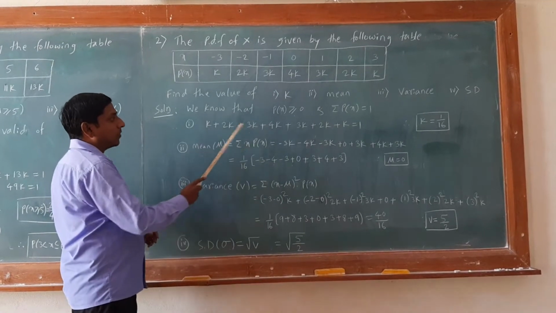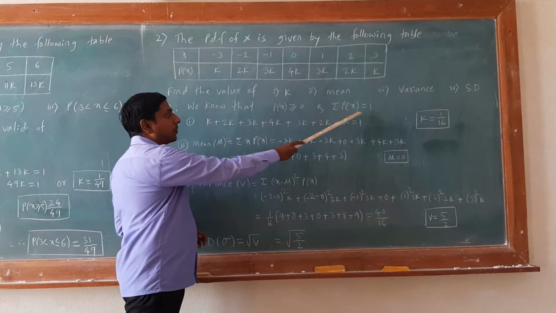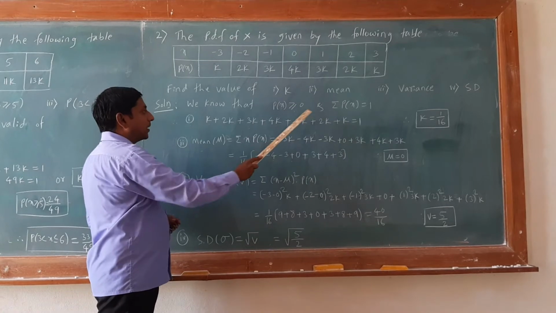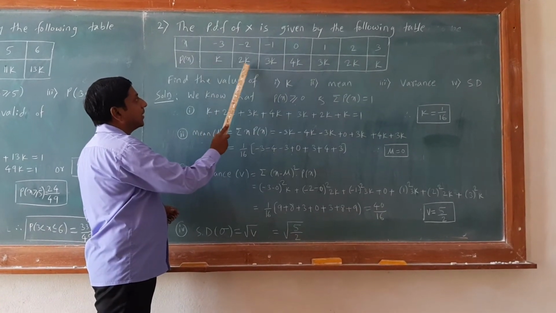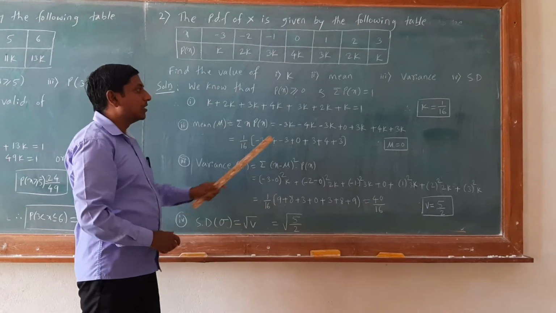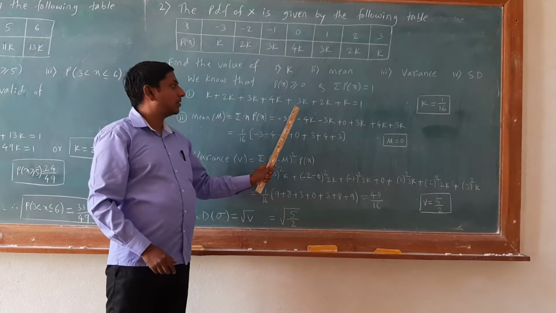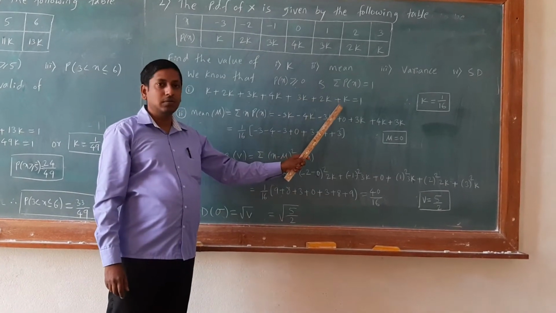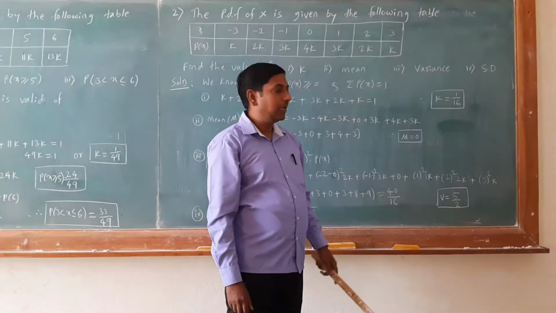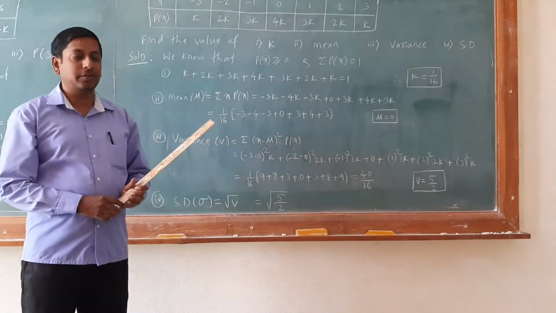Again we use the properties: p of x is greater than or equal to 0, and summation of p of x is equal to 1. Applying the second property, we add all the k terms, k plus 2k plus 3k plus 4k up to k, which is always equal to 1. After adding this, we get 16k equal to 1, or k is equal to 1 divided by 16. And here also 1 by 16 is greater than 0.